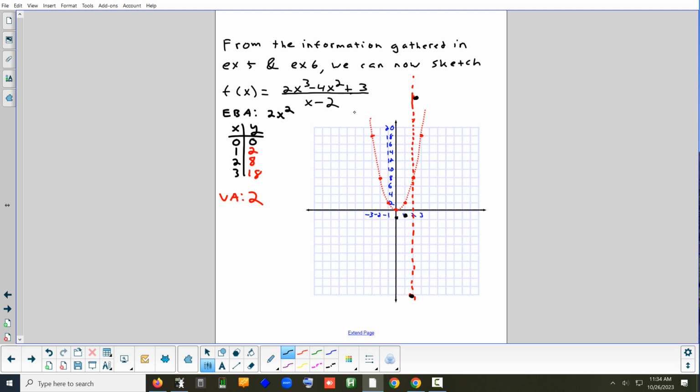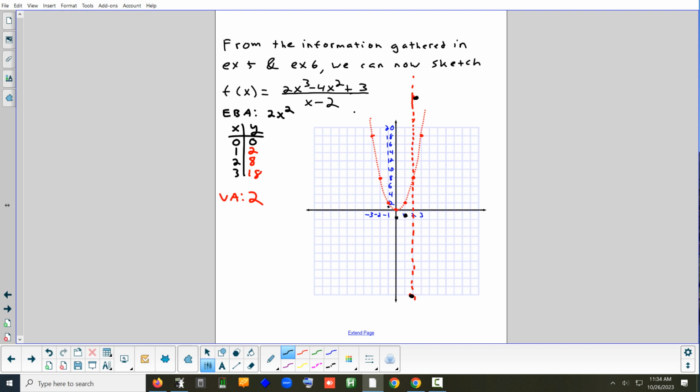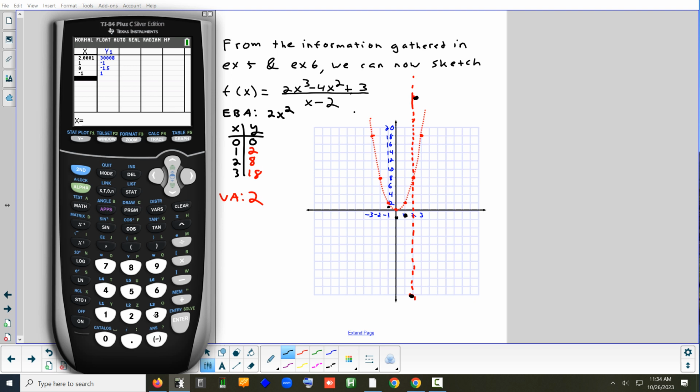So what would be another good one I could check? -1. Yeah, we could check -1. You can check as many as you feel you need to. -1, 1. Right about there. And let's try -3. I don't think it'll go off the graph. Barely. 17.4. So -3, 17.4.